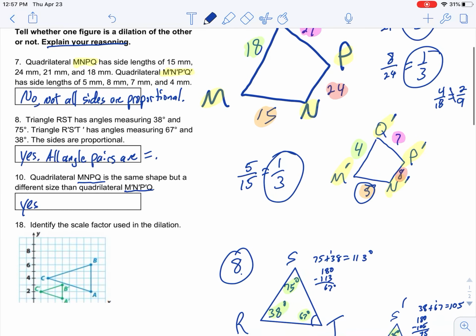I would just say same shape but different size is essentially the definition of dilation. It's like a shadow on a wall, or blowing up a balloon, the before and after. Lots of different ways to explain that.